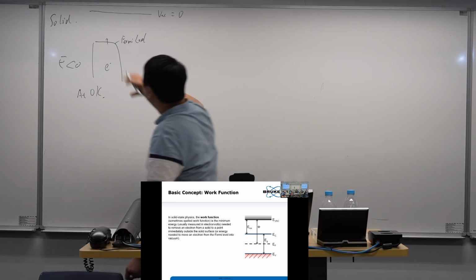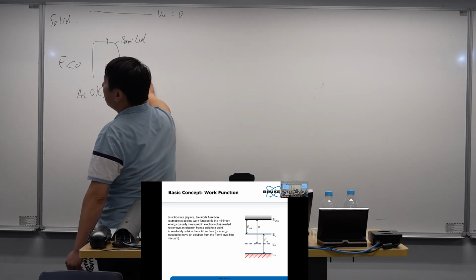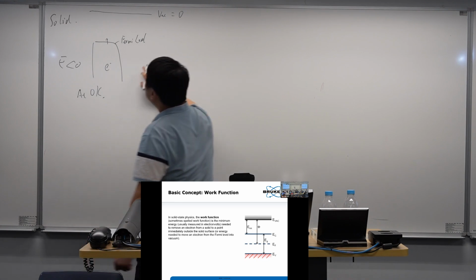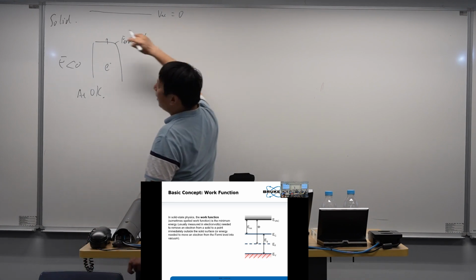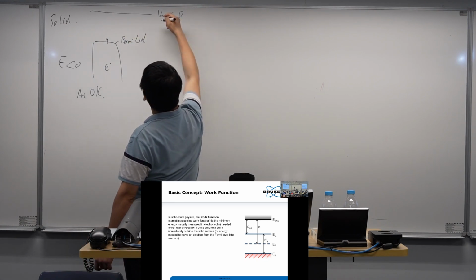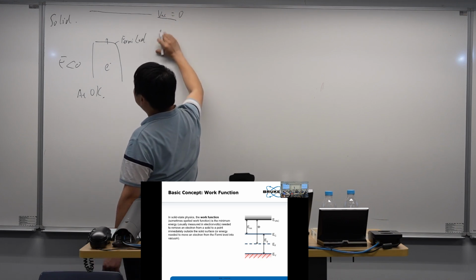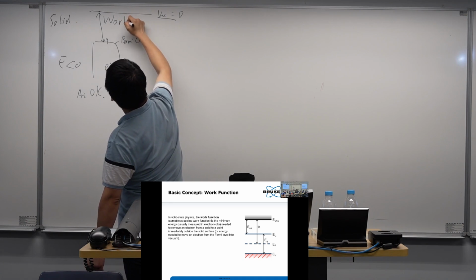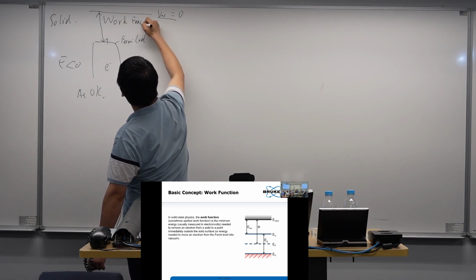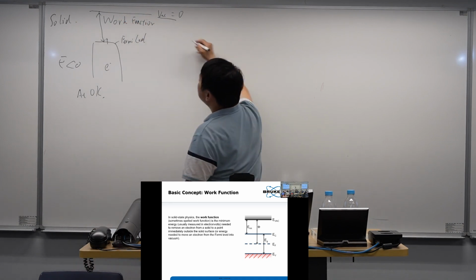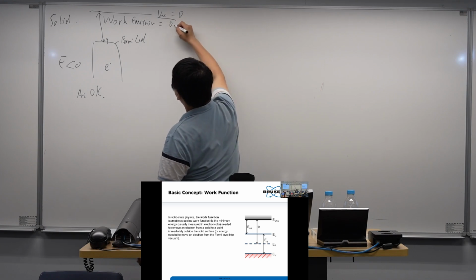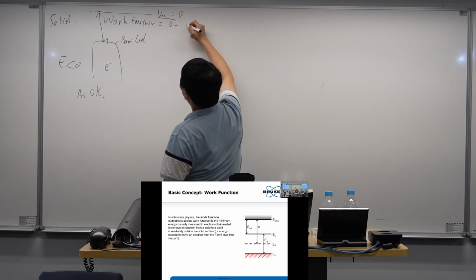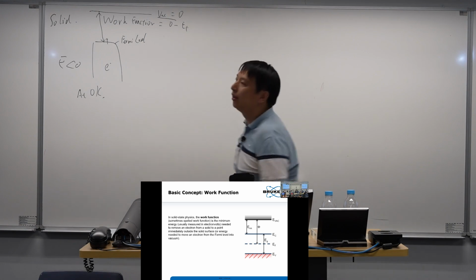So that's the Fermi level, and then we define the energy difference between the vacuum and the Fermi level as the work function. So the work function just equals zero minus the Fermi level, right?